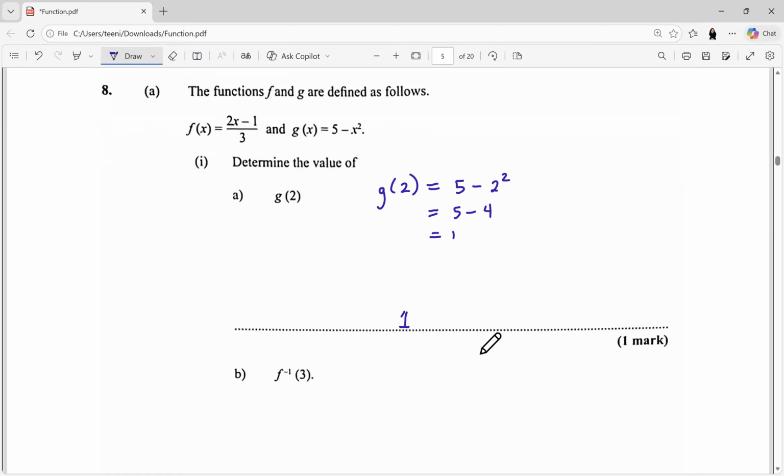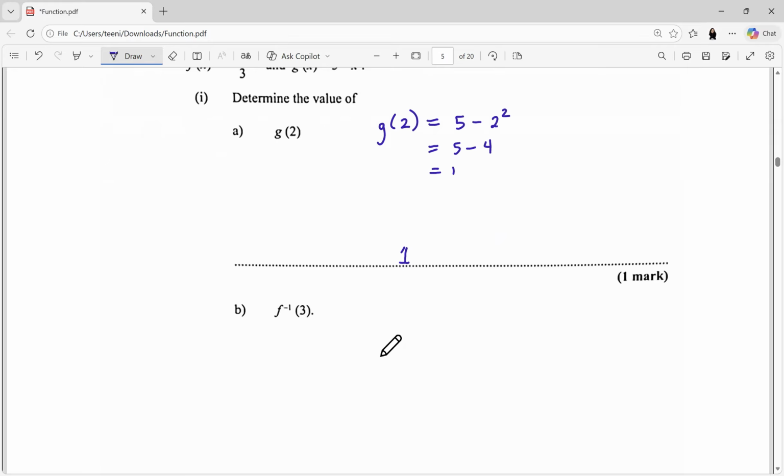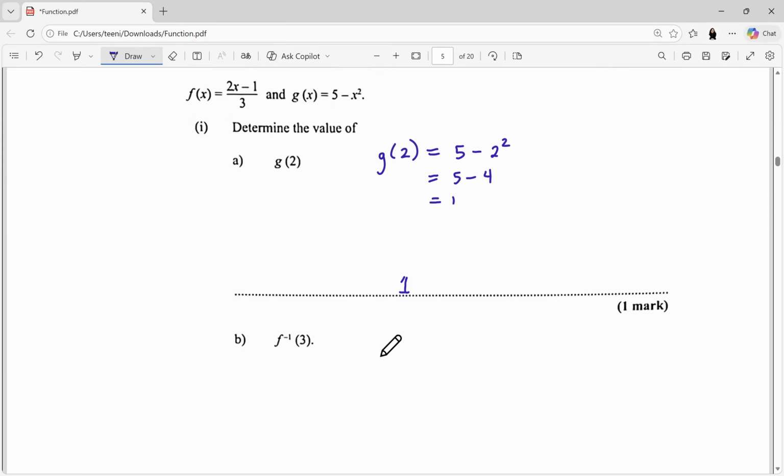Now part B says to find f inverse of 3. So the first thing, Miss, the answer is 9 because when you square a negative it turns into a positive. No, that's if it was, this is 5 take away 2 squared, right?